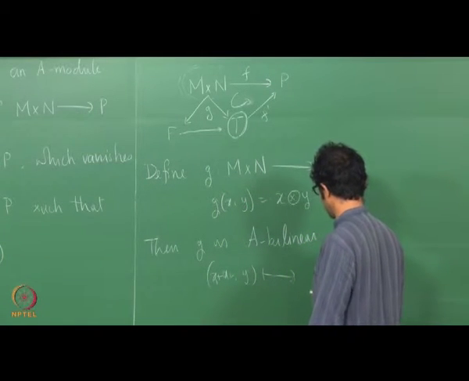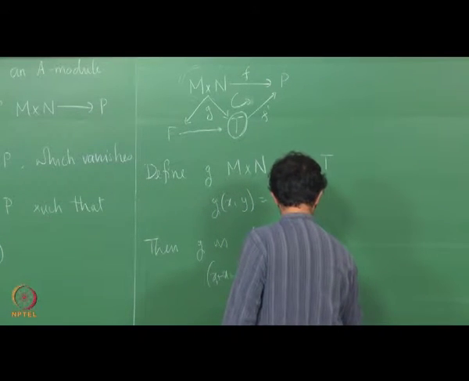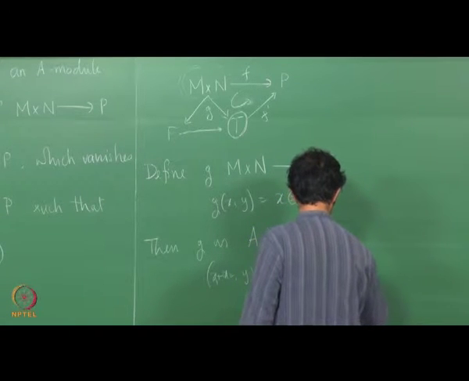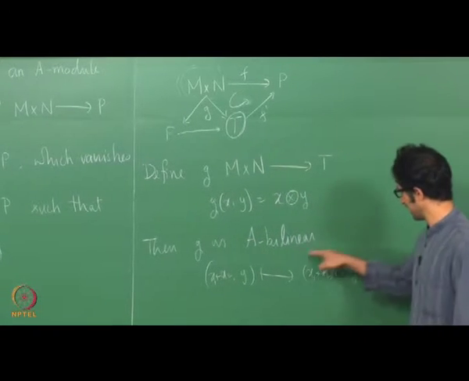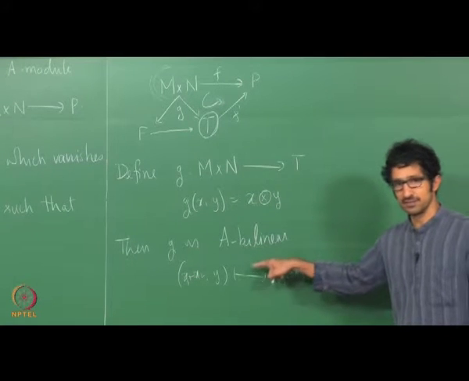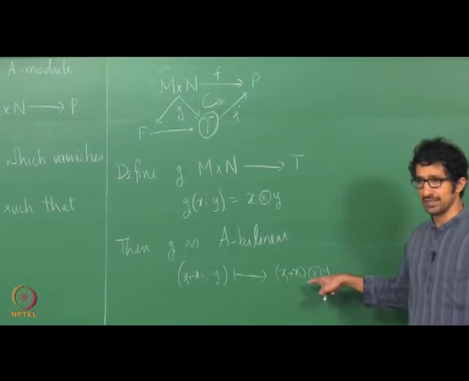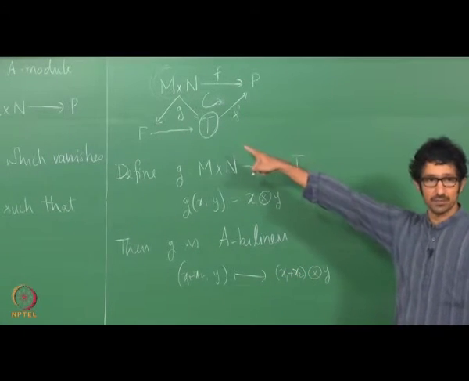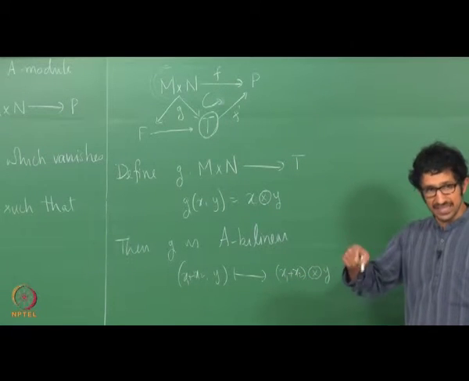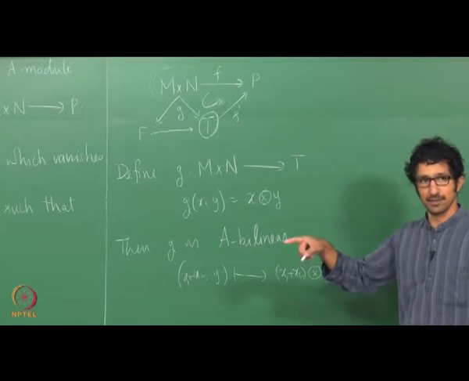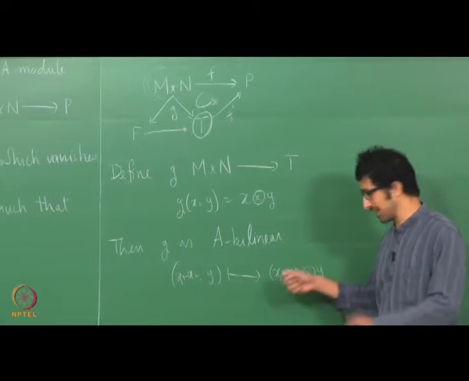This will be mapped to (x1 + x2) tensor y. This is e bar of (x1 + x2, y), but we are modulo D. Modulo D, e(x1 + x2, y) minus e(x1, y) minus e(x2, y) is 0.